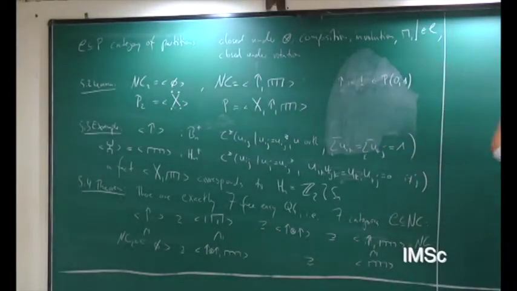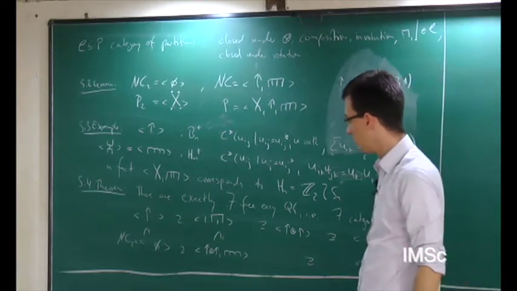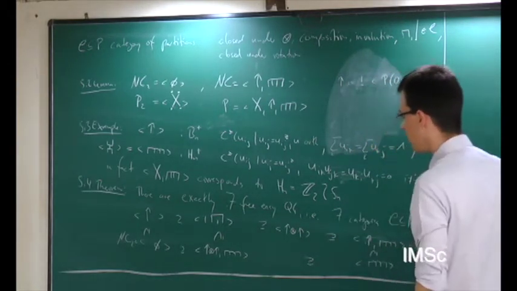They are contained in each other. Okay, so this is the result. There are 7 quantum groups and 7 free easy quantum groups, and they look like this.